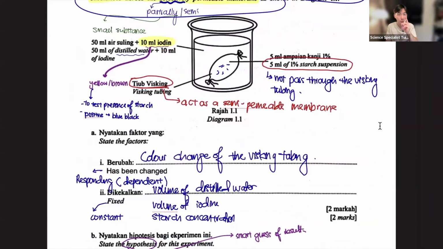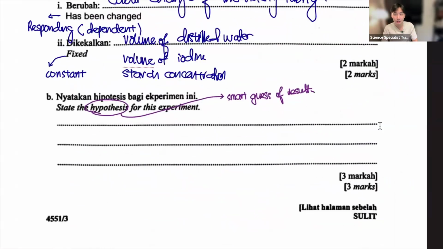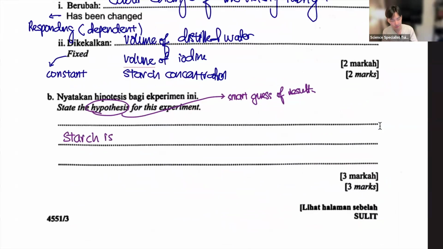Movement, don't write color change, write movement. For my hypothesis, starch is unable to pass through the whisking tubing.